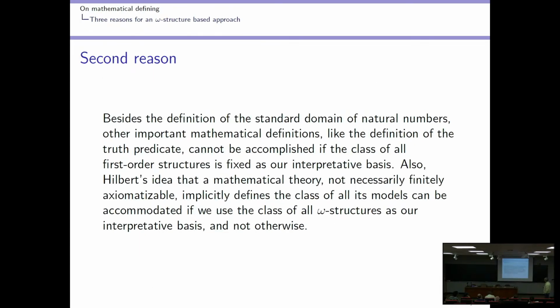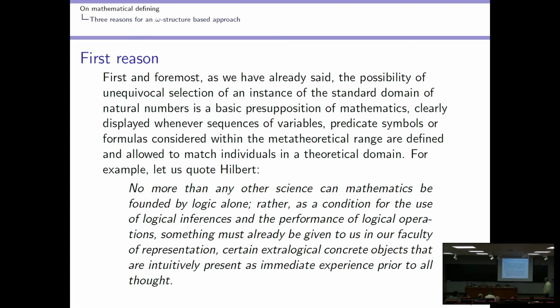So I think that I have already mentioned this, but yeah. The first reason for our preference is that the possibility of an unequivocal selection of an instance of the standard domain of natural numbers is a basic agreement of mathematics, right?